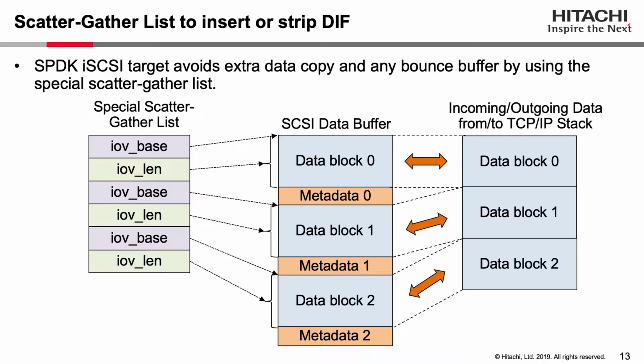On the other hand, when the TCP/IP stack writes the outgoing data, it will use the special scatter gather list as the gather list, ignoring DIF space and sending only data. We could verify this technique is very effective, and I will share the data later.